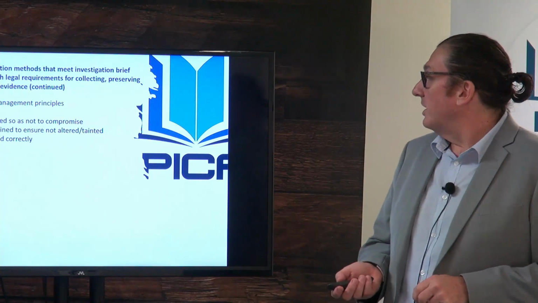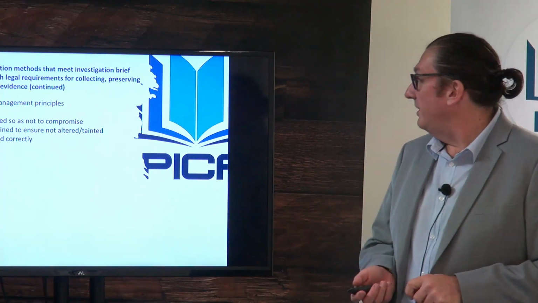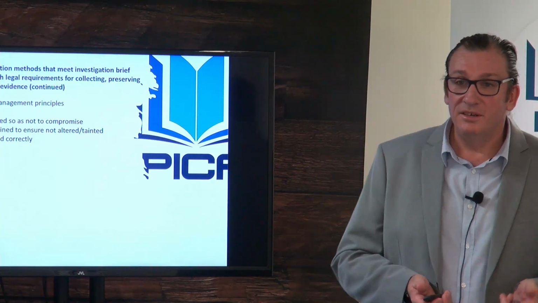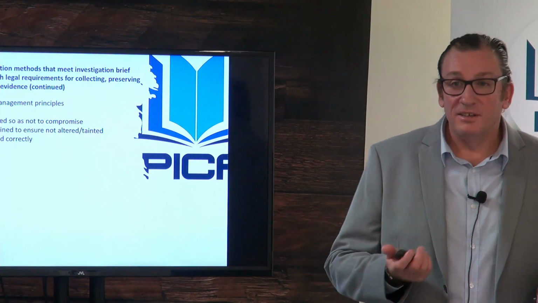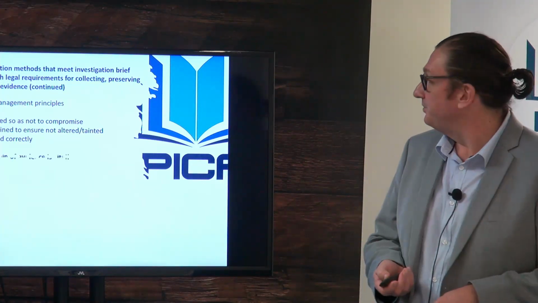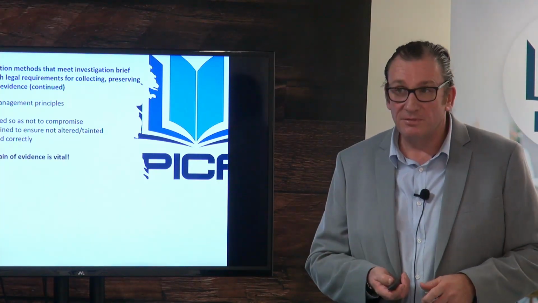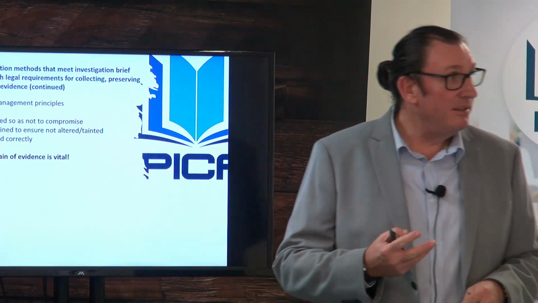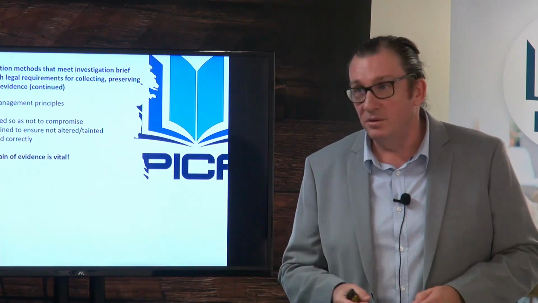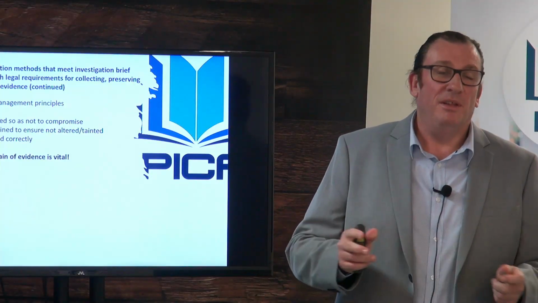So you must collect evidence so as not to compromise anything, and ensure that it's not altered or tainted. So who had access to it, etc. And it's got to be handled correctly. The chain of evidence is vital. If you've never heard of the chain of evidence, it's also called evidence continuity, and a few other terms as well.